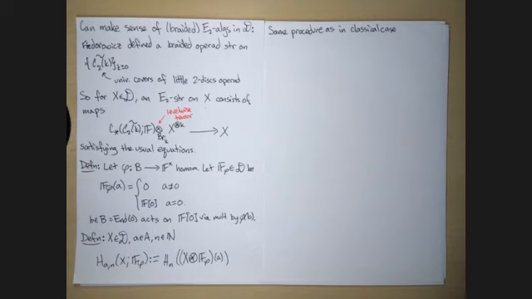Would X evaluated on something give you ordered configuration spaces or unordered, if at the end of the day I wanted unordered with these alternating coefficients? I think unordered.